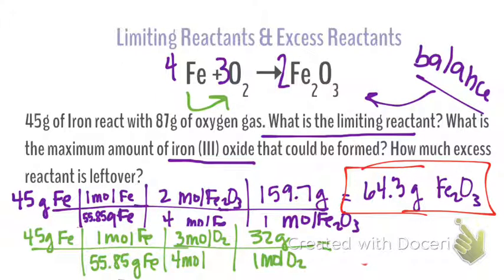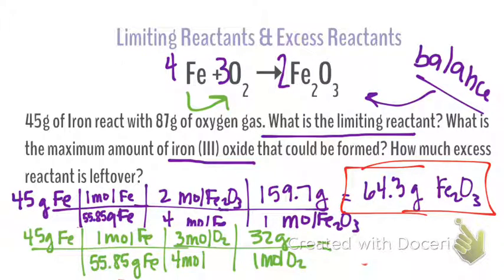And this is super important: it tells us how much is used. It's saying if we react all 45 grams in these ratios, this is how much oxygen is used.